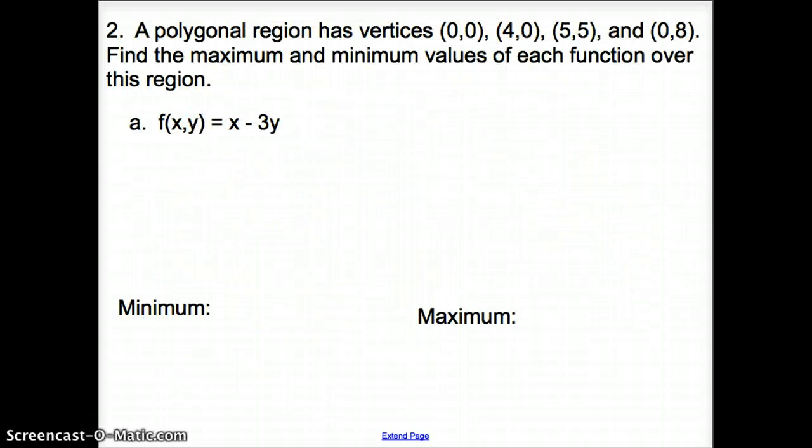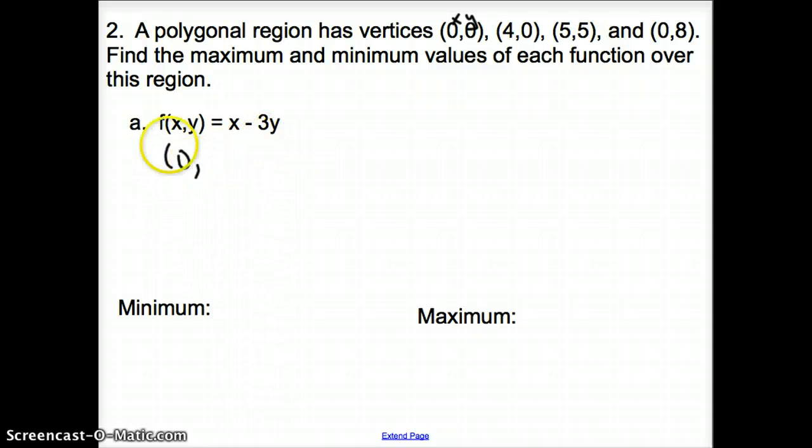Next guy we're going to handle is we're given a region with vertices, and we're asked to find the maximum and minimum values of these vertices. So remember that these vertices, they are coordinate points, and they are x and y. Well, look at our function. We have a function of x and y, which equals x minus 3y.